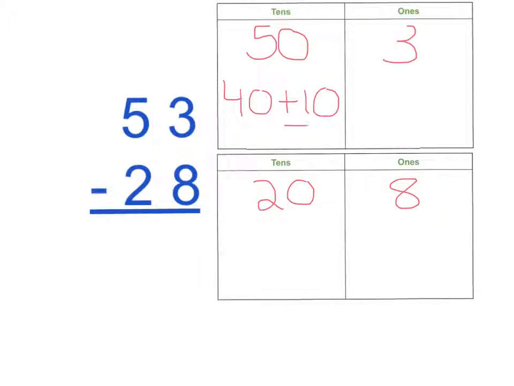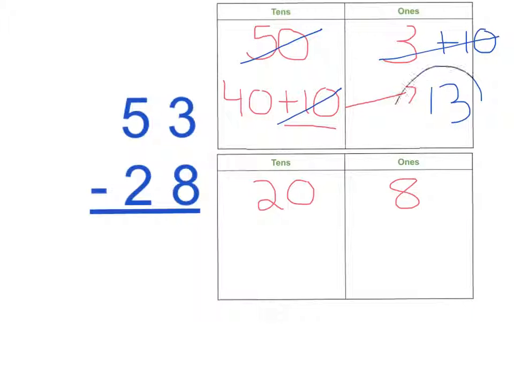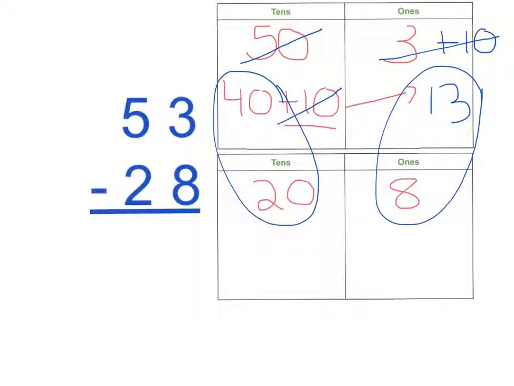And then this 10 needs to come over to the ones. So I'm going to add the 10 here, cross it off here. So now I don't have the 50 either. So now, 10 and 3 is 13. So I'm going to subtract 13 minus 8, and then 40 minus 20. 13 minus 8 is 5, and 40 minus 20 is 20. Put them together, and once again we have 25.